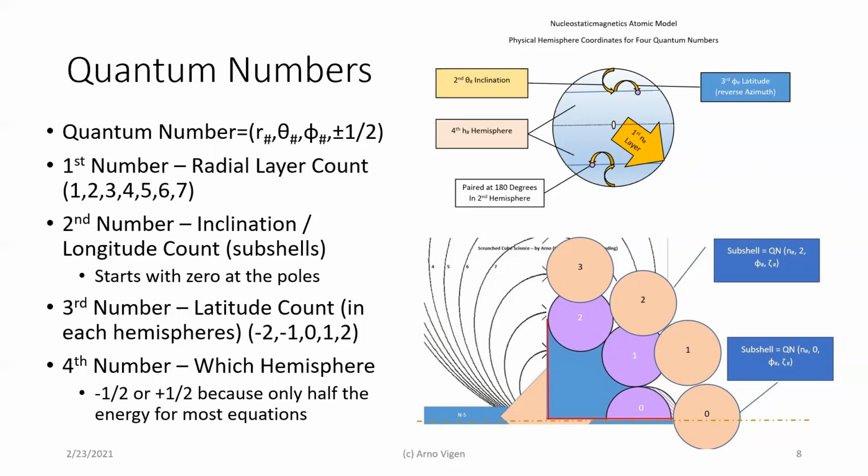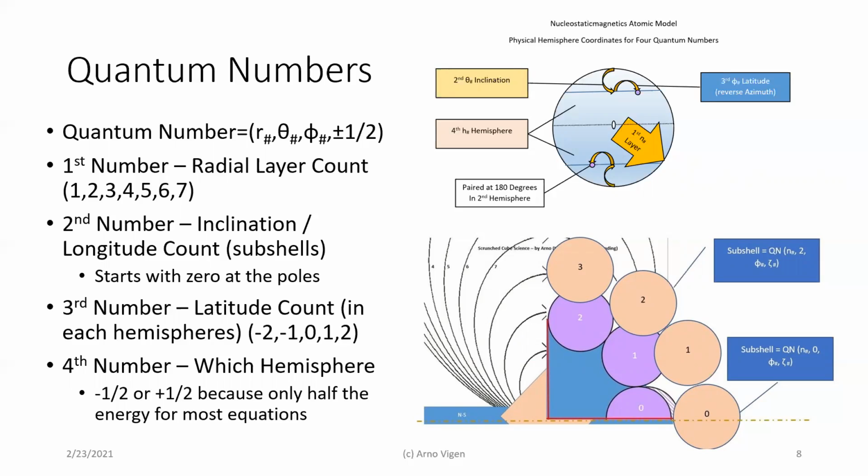The third number is the latitude. And that's the count of how many are spaced around those longitudinal rings or end cap rims. There's a pair in the other hemisphere. And so the fourth number becomes which hemisphere.